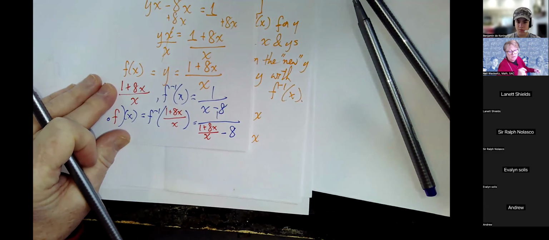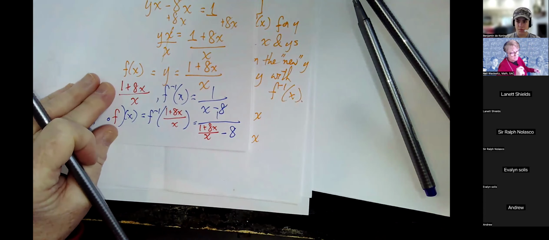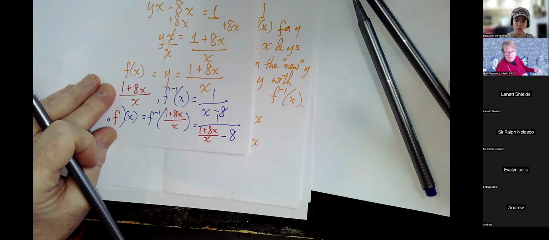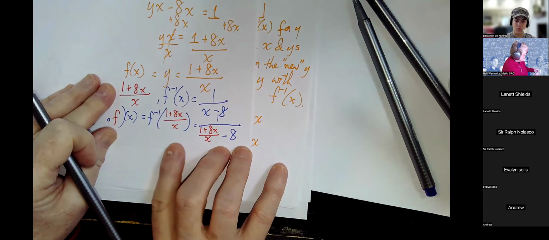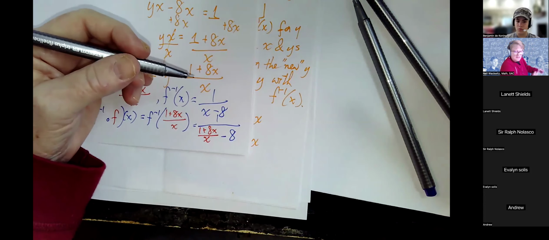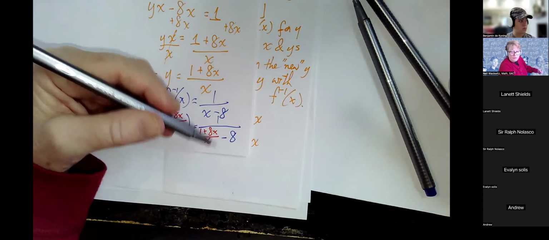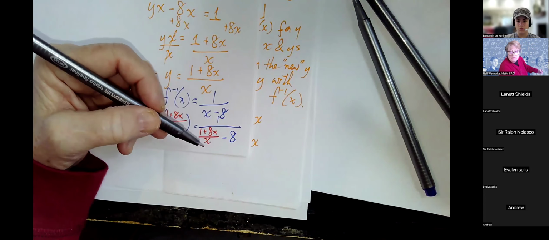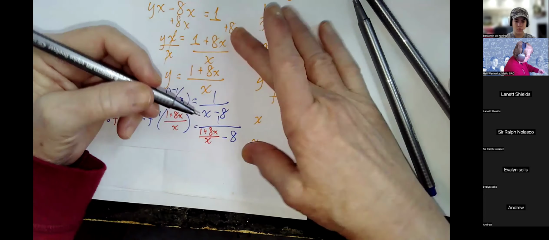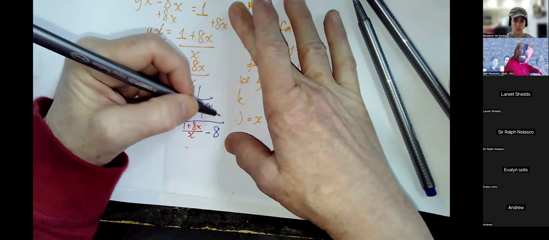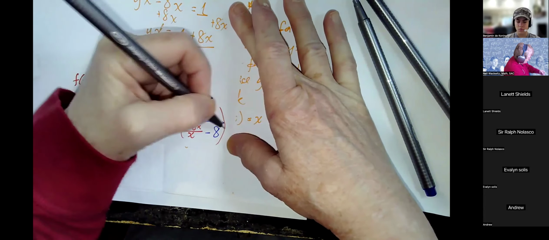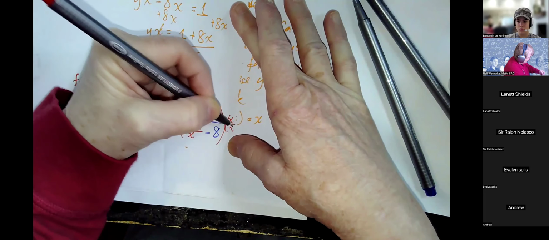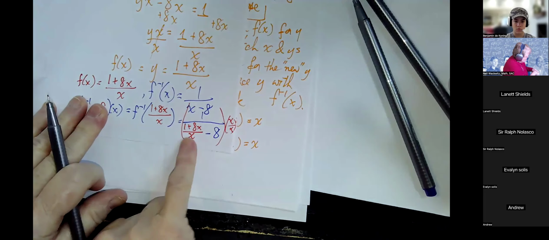The most useful way, I think, to simplify a complex fraction is to identify the inside denominator. Well, here, the inside denominator is x. I want to multiply numerator and denominator by that x, that inside denominator.